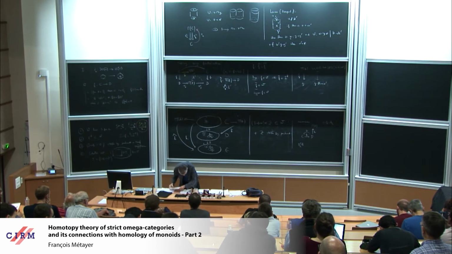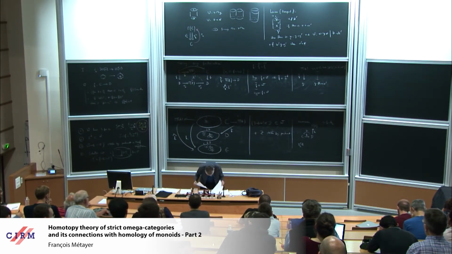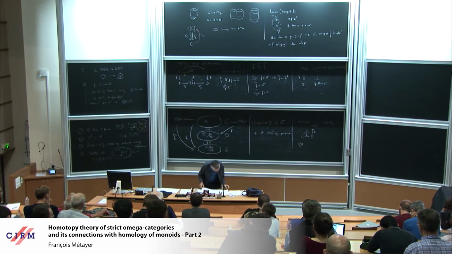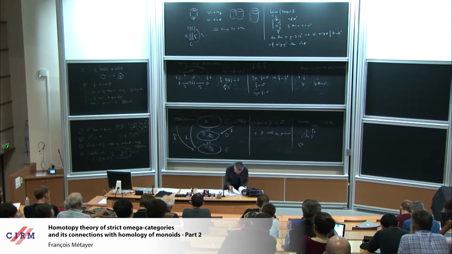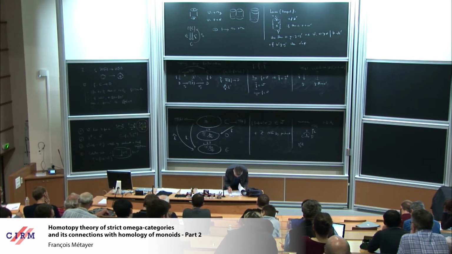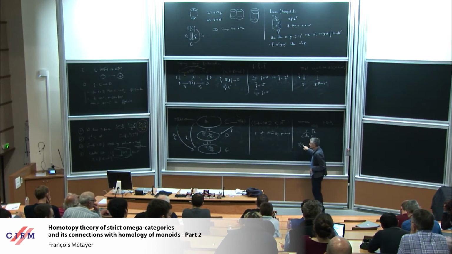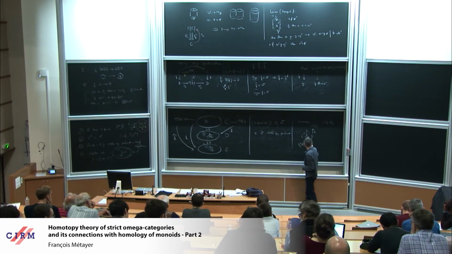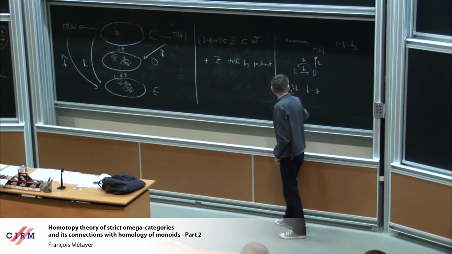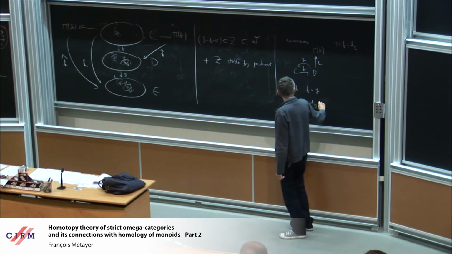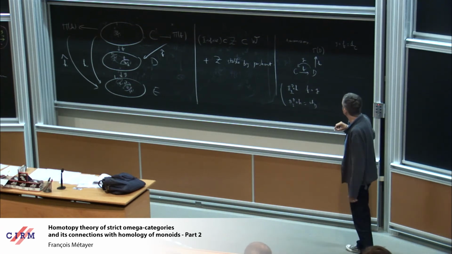Where is that? Let's get back. This here. Okay, so the first projection is F composed with G, and the second projection is simply the identity on D.